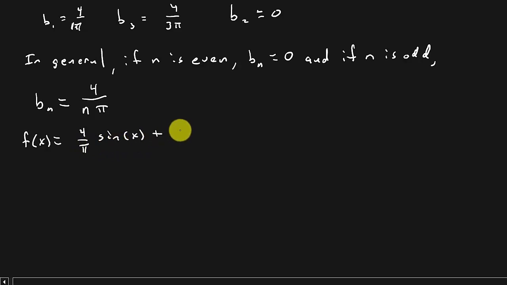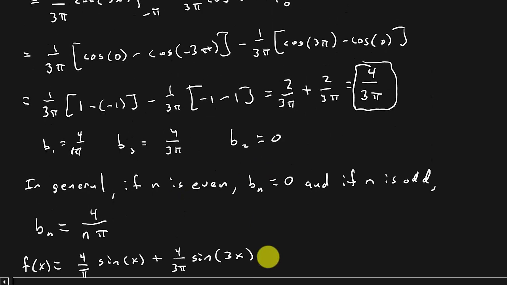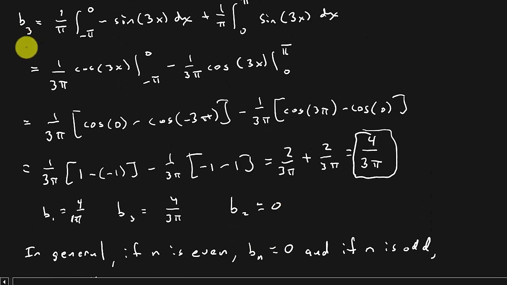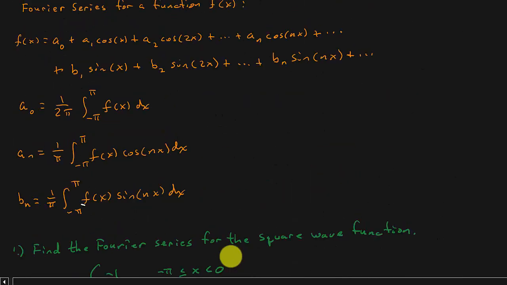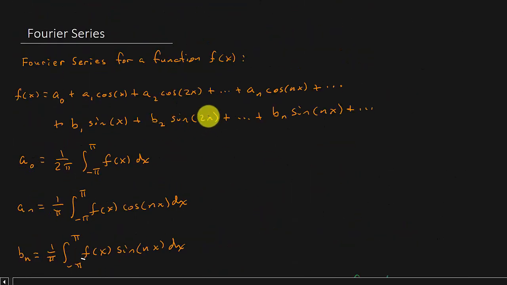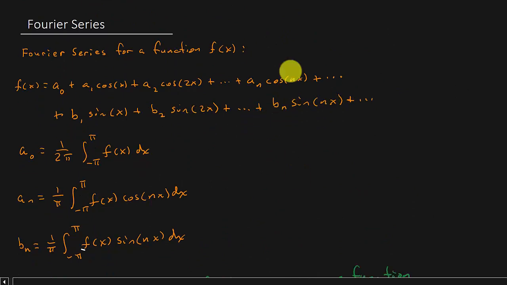Plus, now b2 was 0, so that term's gone. And then b3, which is 4 over 3 pi times the sine of what? Now remember, in this case n was 3. You see that? When n is 3, we get 4 over 3 pi. And you can see what we're doing here in the formula. So if that's a 3, that's sine 3x.